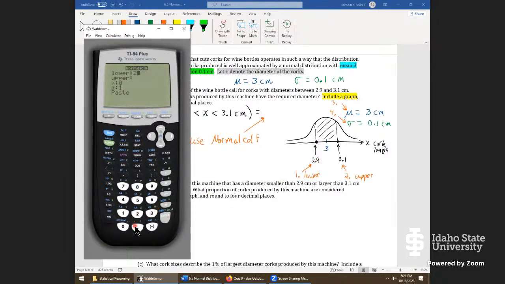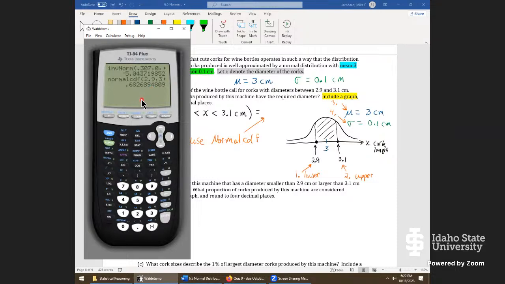So the lower value is at 2.9, upper value is at 3.1. The value of mu, that's right here in the center, but it's also written above the graph. That came in as 3 centimeters and sigma is 0.1. So altogether, our input should look like this before we get a value out. Hit enter on this screen, enter again, and that's our answer right there.